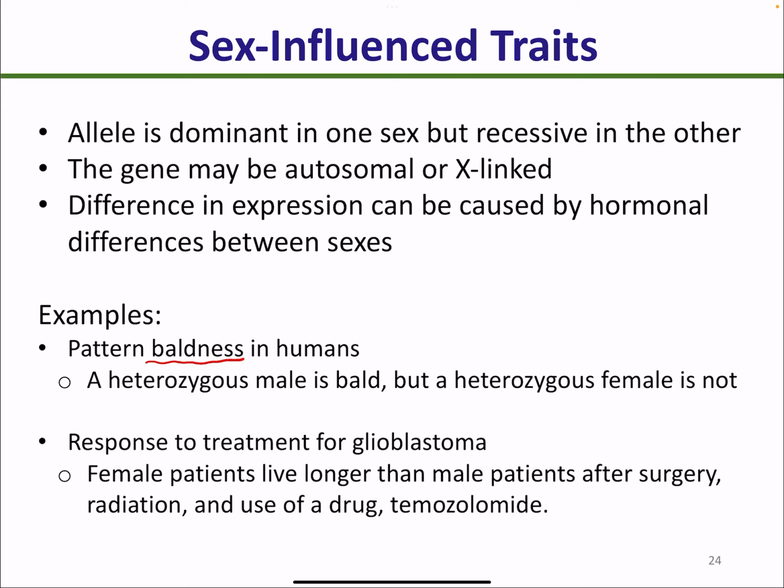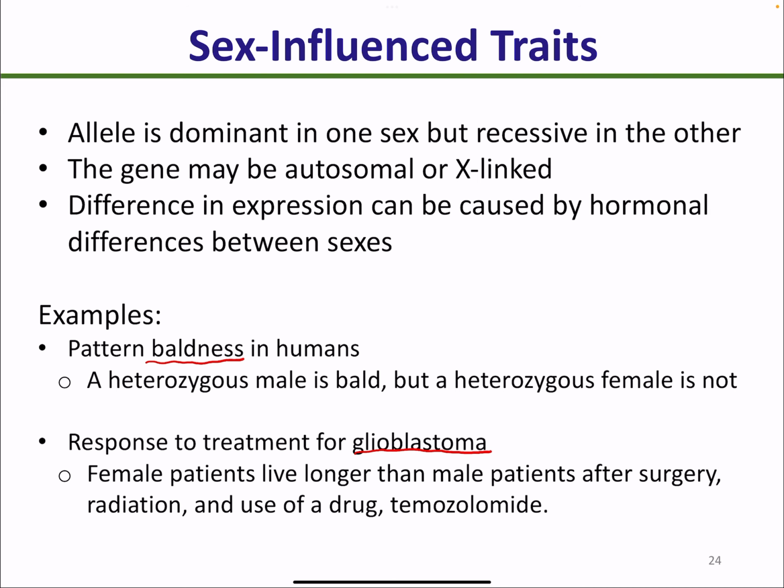The response to some treatment, okay, for instance, the glioblastoma, all right, female patients are going to live longer than male patients after treatment, okay? And that is simply because of the sex, okay?